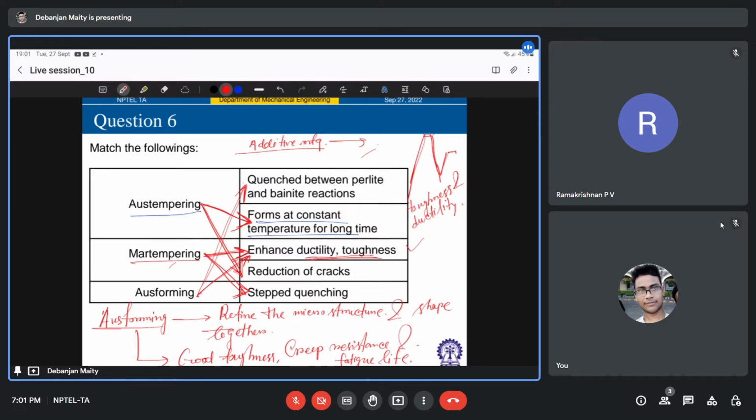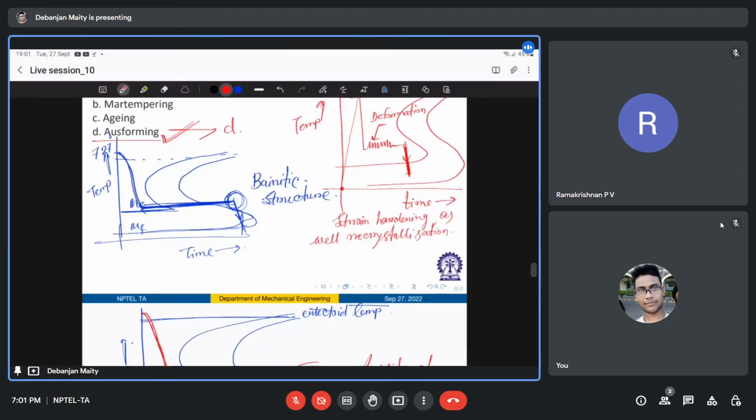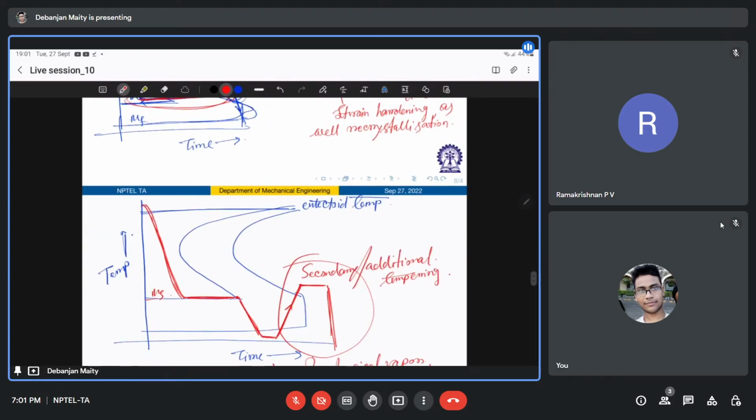In terms of reduction of cracks, it may be like in austempering. In austempering, if this is your temperature region up to what you are pulling it, you are keeping it at that temperature for a much longer time compared to what you do for tempering.